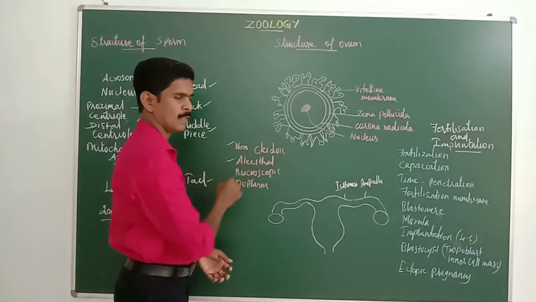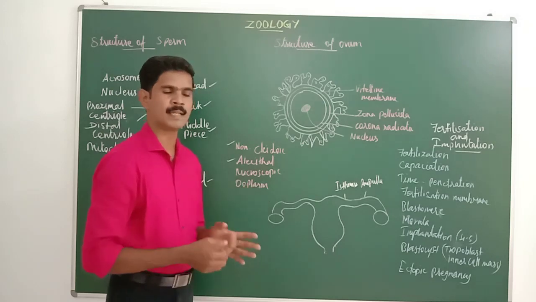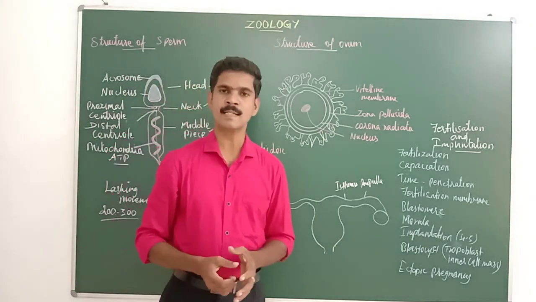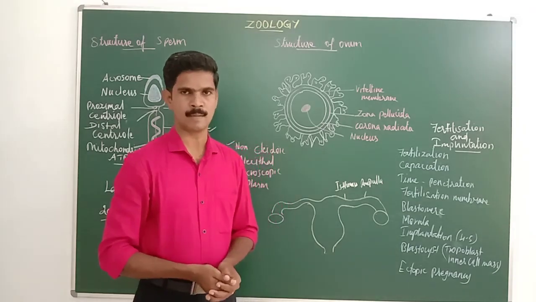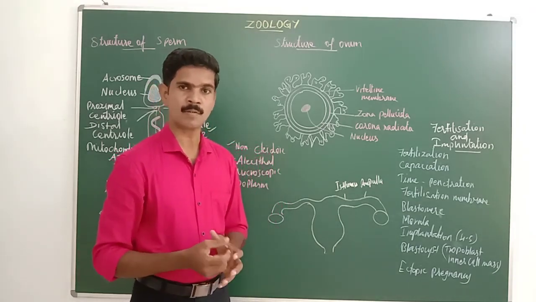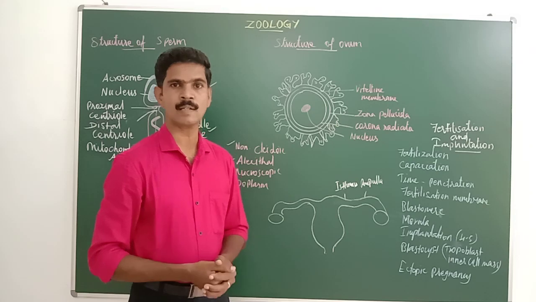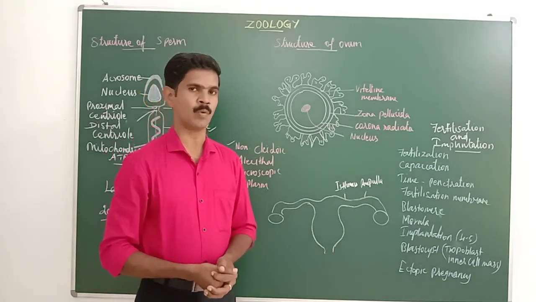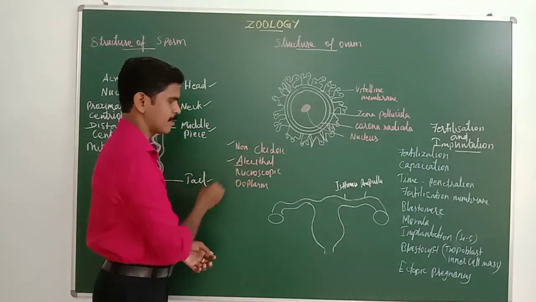And alecithal. Here alecithal means in the normal egg, for example in a hen's egg, we can see a yellow color part inside the egg. This yellow color part is called yolk, but this yolk region is completely absent in the human egg or human ovum. So therefore here 'A' means absent.